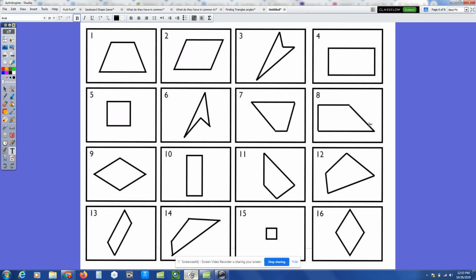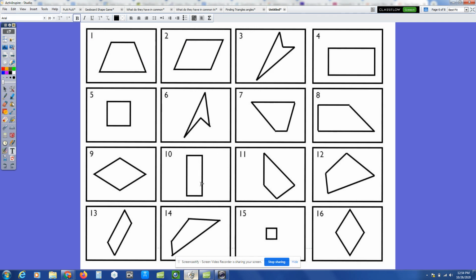Okay, this shape has no right angles. All of the angles are either acute or obtuse. This shape has all right angles. All 4 angles are right.